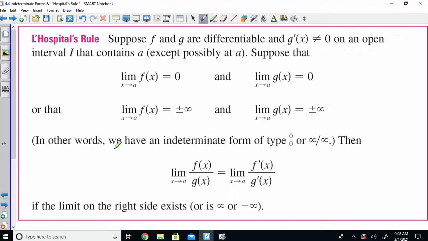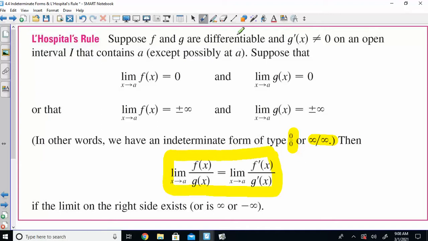And what it tells us is that if you have two differentiable functions, and if you have an indeterminate form of either 0 over 0 or infinity over infinity, then we can use L'Hopital's rule.